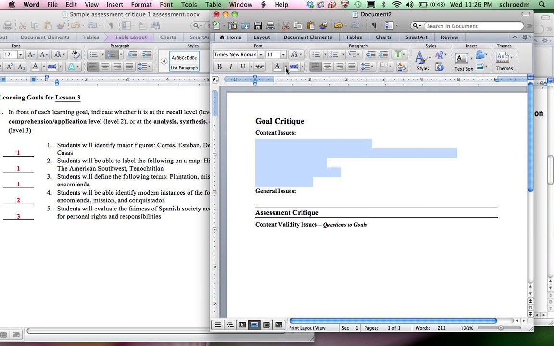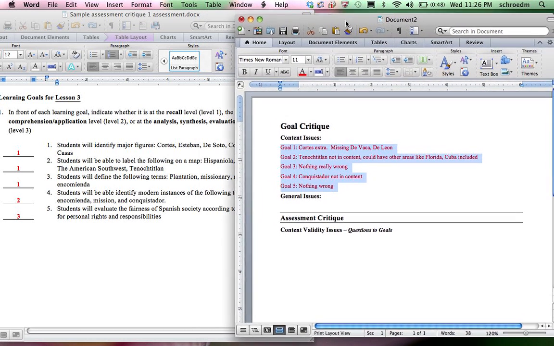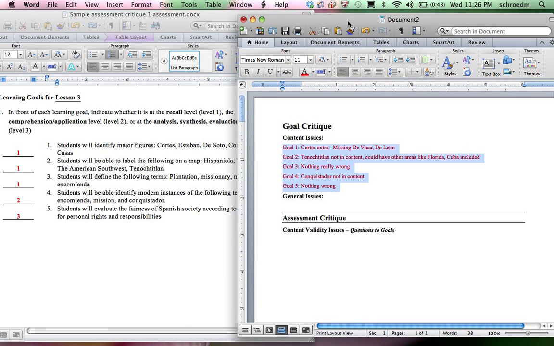Here I'm just going to change the color of these things. In goal 1, I see that Cortez is extra. If I'm looking at lesson 3, he's not in lesson 3, so I shouldn't really have him in my goals for teaching about lesson 3. My students should have learned about him in lesson 2.